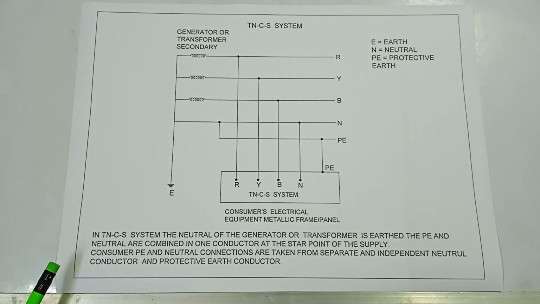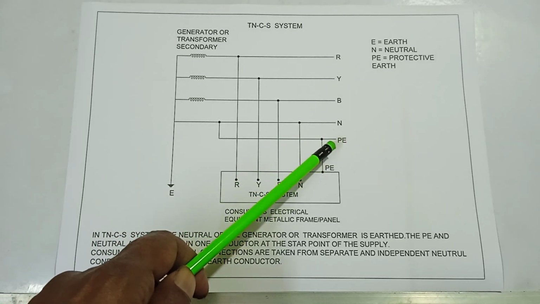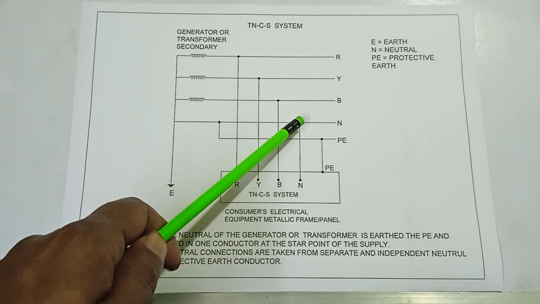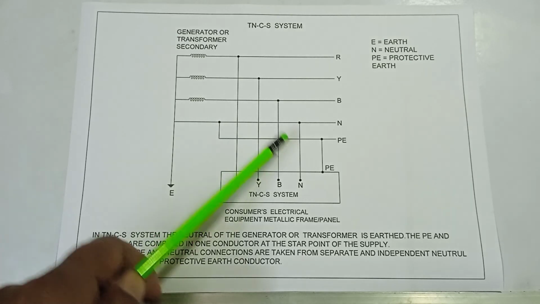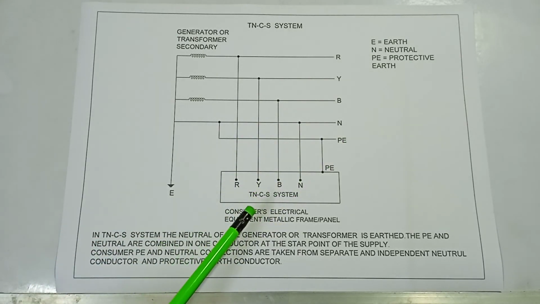Consumer PE and neutral connections are taken from separate and independent neutral conductor and protective earth conductor. This is a separate PE conductor and a separate neutral conductor. This is divided into two parts. This is called the TNCS system. Okay, next.